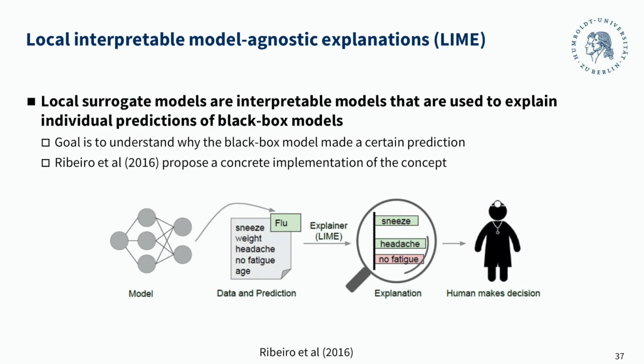Then it makes a certain prediction, like, oh, this guy is suffering from flu. And then Lime comes in and explains, for example, to an MD, a medical doctor, why the model thinks that this person has a flu, so that the doctor can verify: does that make sense, is it actually true?